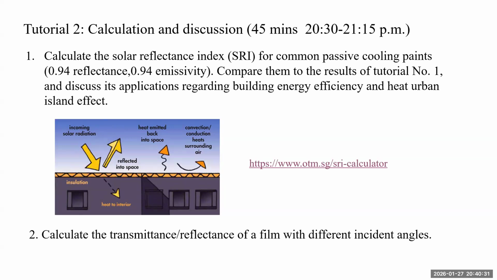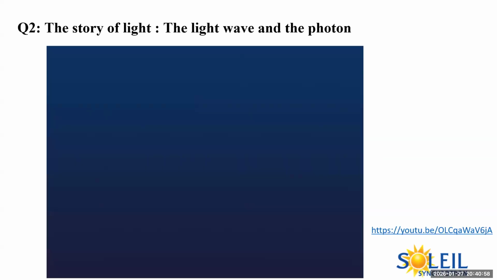As I mentioned at the beginning, at different incident angles of the sunlight, the transmittance and reflectance will change. So I have invited my PhD student, Mr. Yang. He's here, to let you know more about the magic world of light. Now let's watch the video first.